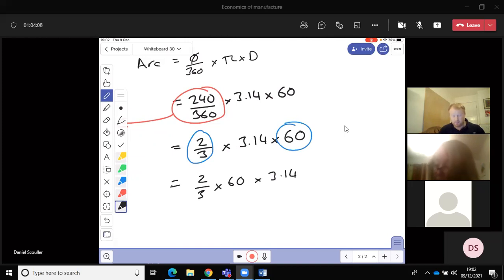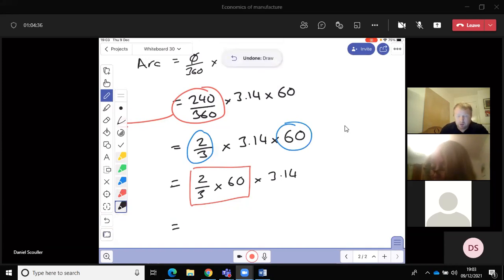It's more digestible than trying to do 3 divided by 60 times 3.14. It's all about breaking things down into more digestible chunks. In fact, that's where BBC Bitesize get their name.